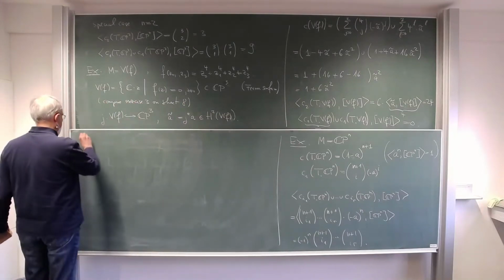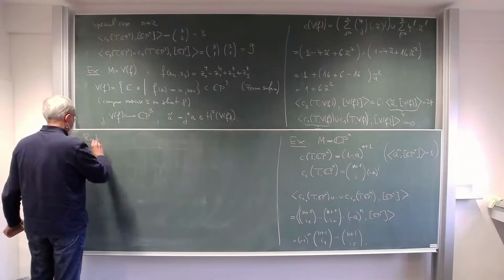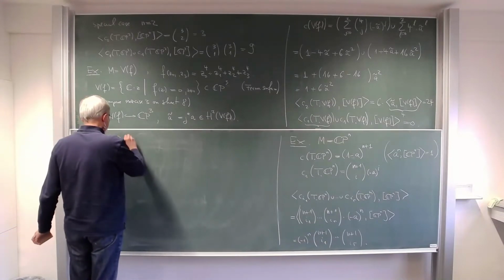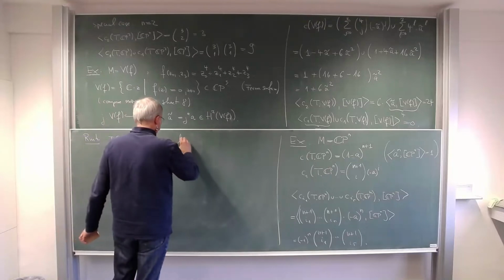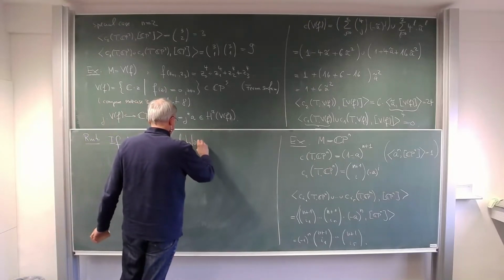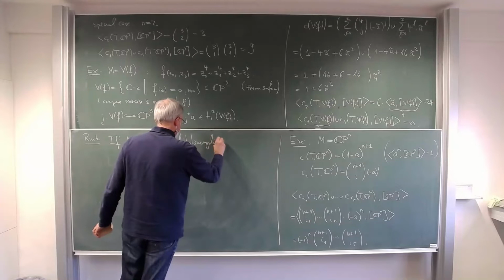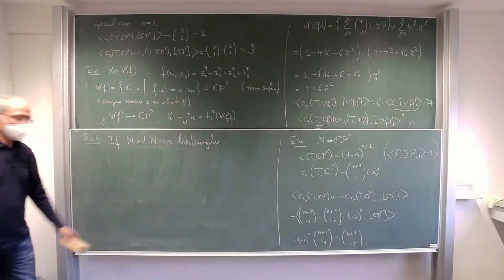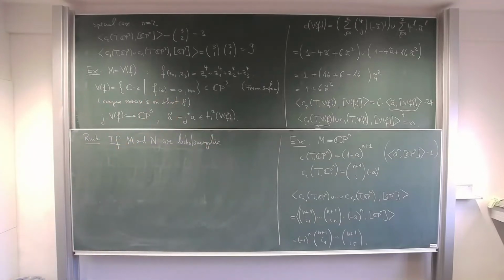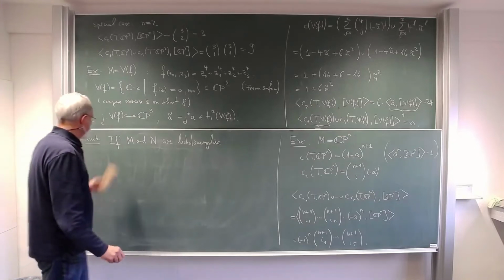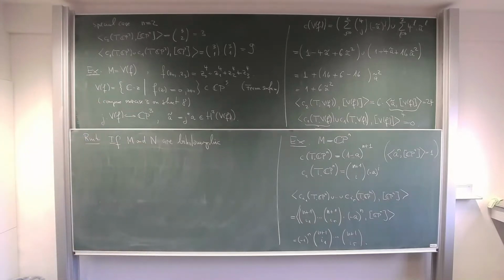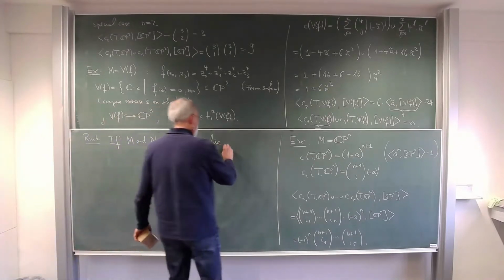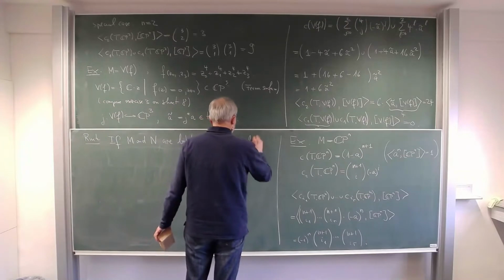So if M and N are biholomorphic, meaning there is a diffeomorphism between them, which is complex, whose differential is complex linear. So that's just basically diffeomorphic as complex manifolds. Then all Chern numbers agree.